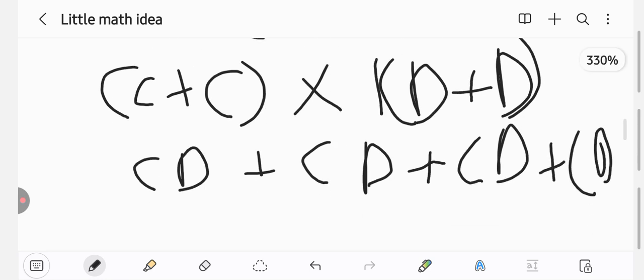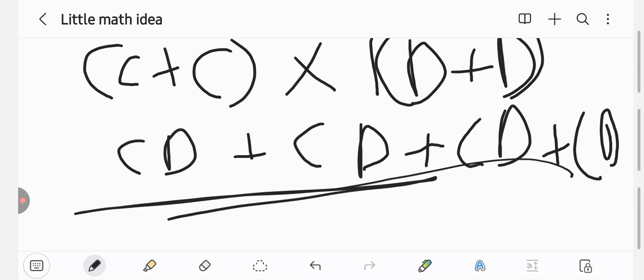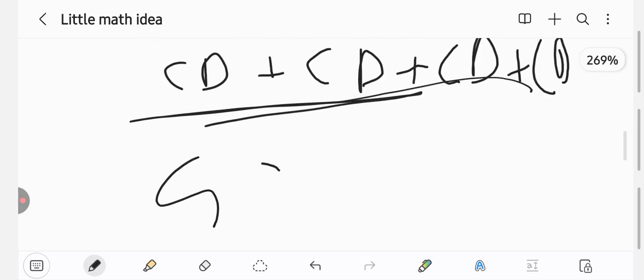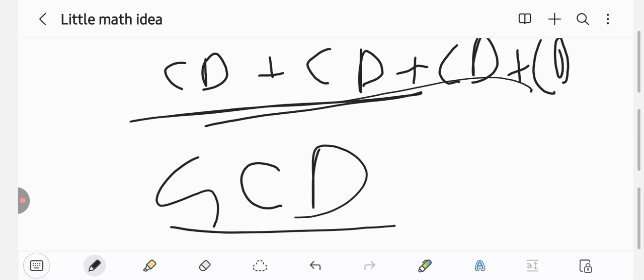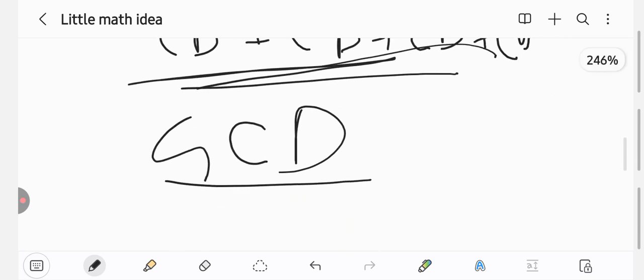Now look, in this cd form, this is actually the answer in the original form, right? What we do now is get 4cd. Now that is the simplified form. So there was the unsimplified form and the simplified form.